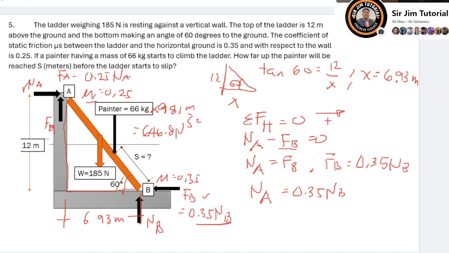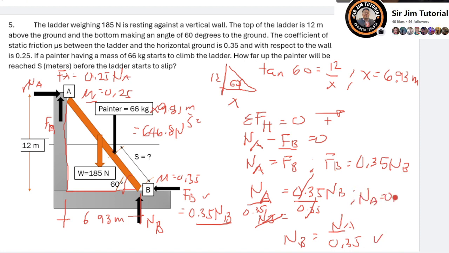Okay? So, we can also say by mathematics, by dividing both sides by 0.35, we can have NB is equal to NA over 0.35. So we have this value, and then the other one is this one again. I'll write it again. NA is equal to 0.35 NB.